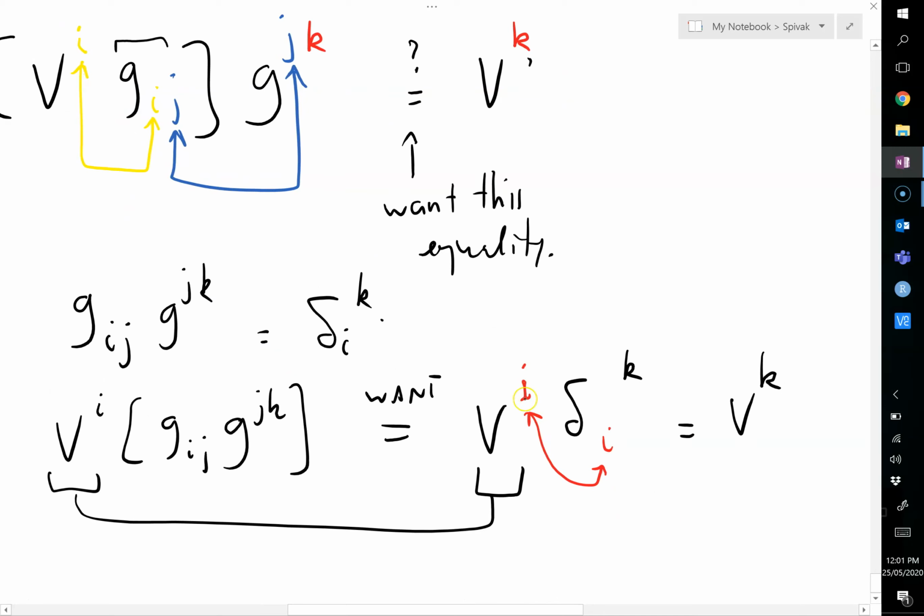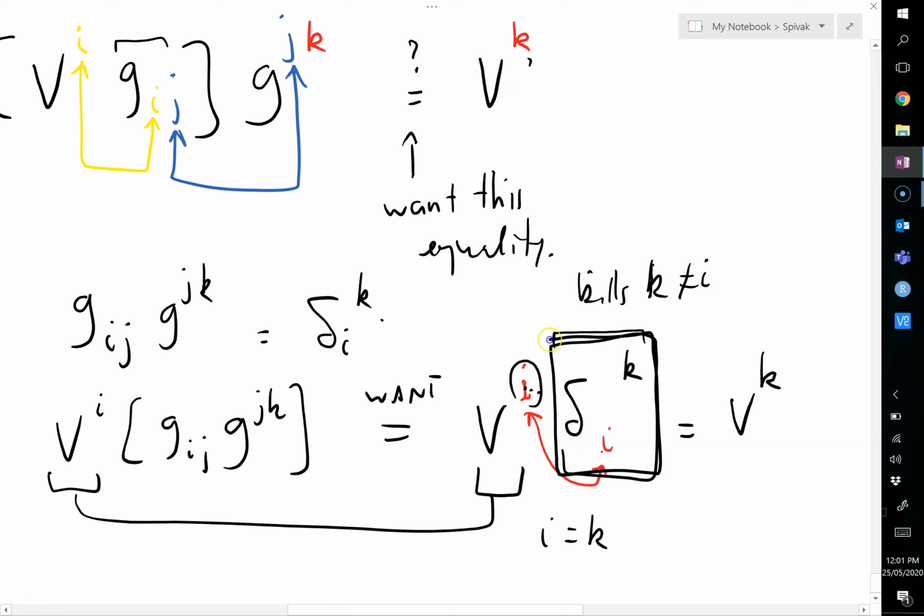So why is that? That's because this one here kills K not being equal to I. So we're summing across it, summing across it, summing across it. It's only when I equals K that it survives being multiplied by my Kronecker delta.